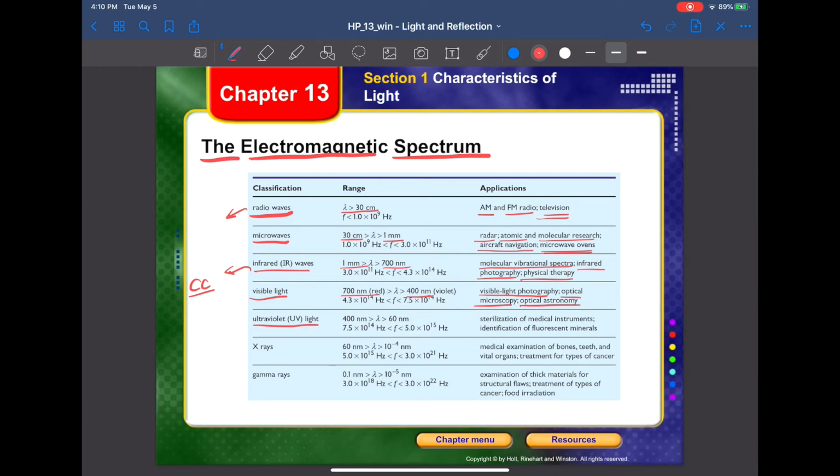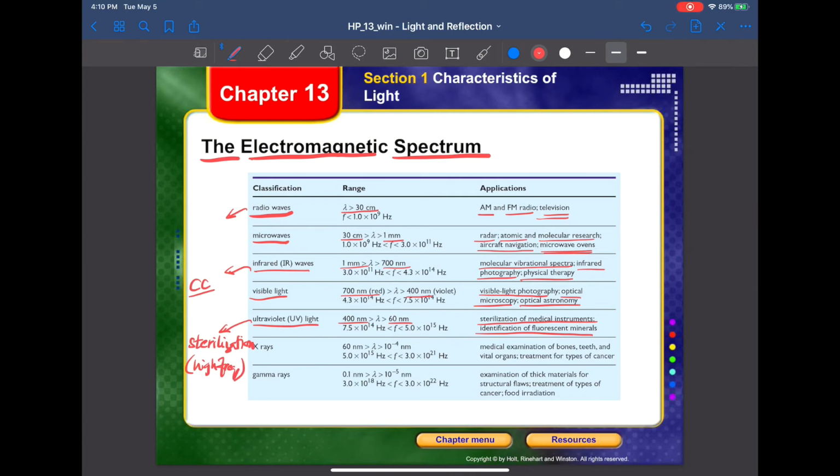Next, UV light. UV light is generally from 400 nanometers to 60 nanometers. It is generally used for sterilization of medical instruments and identification of fluorescent minerals. The reason it's used for sterilization is because UV light has really high frequency.